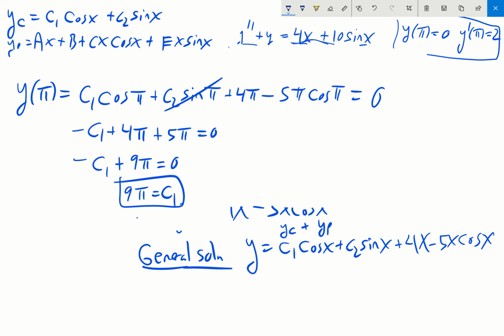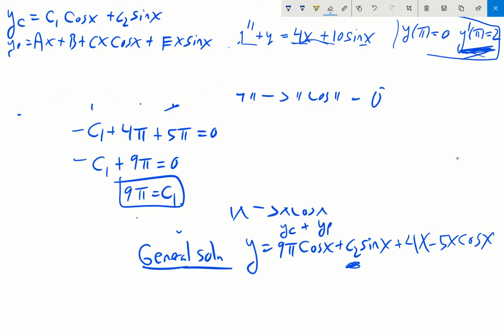So c1 is 9 pi. Now that I know that, we can go ahead and plug that in. We still need to solve for c2. And in order to solve for c2, we need to use the information that the derivative evaluated at pi is equal to 2. So let's go ahead and take the derivative of this function.